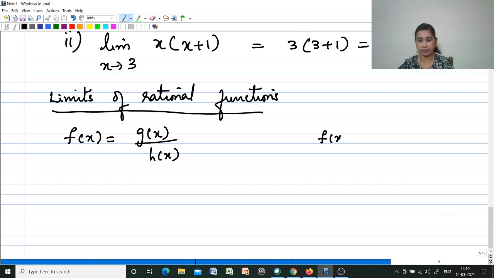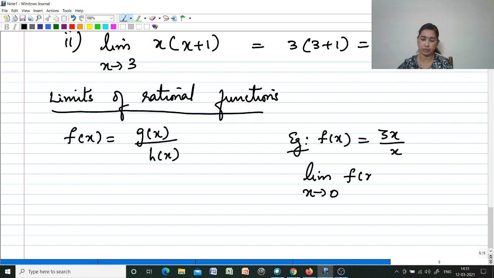Let f of x equal to 3x by x. So what is limit x tends to 0, f of x? That is equal to limit x tends to 0, 3x by x.